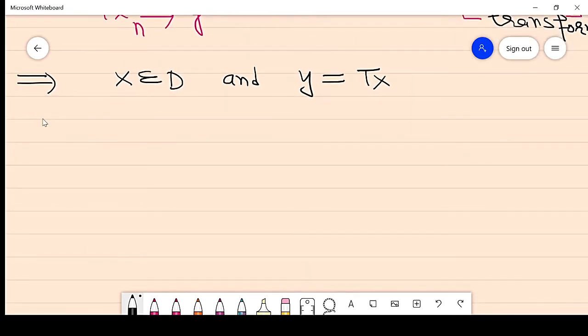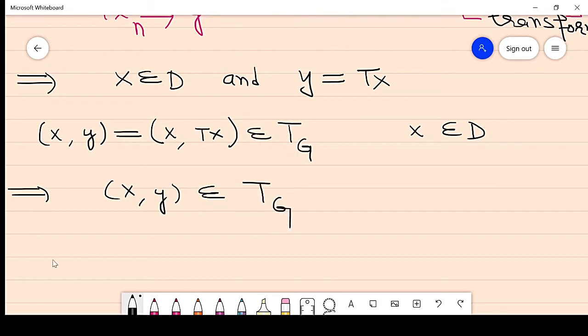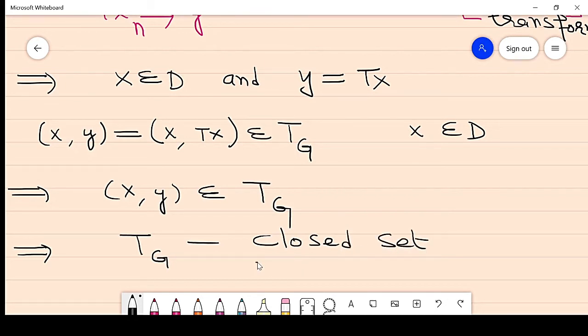So what we get? We get this (x, y), which is basically nothing but (x, Tx), where x belongs to D. It means this belongs to the graph of T. So it implies this (x, y), which is a limit point, belongs to the graph of T. So it implies the graph of T is a closed set.